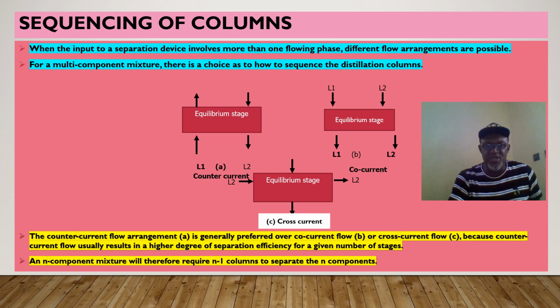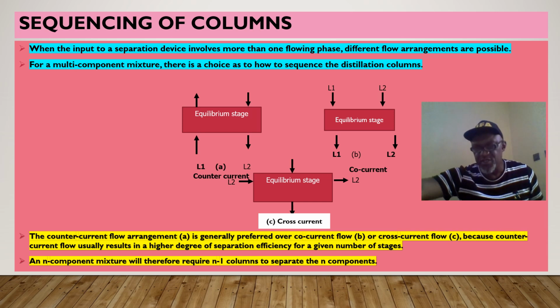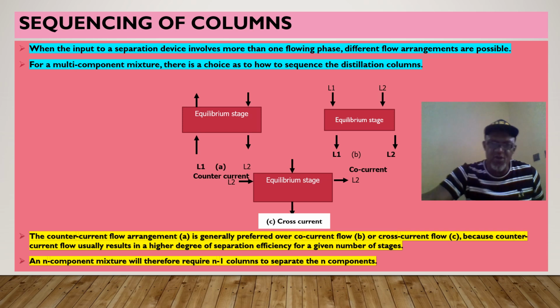Counter current, stream 1 is going in the opposite direction to stream 2. Co-current, both stream 1 and stream 2, that is B, are going in the same direction. And then cross current, we can see that stream 1 is crossing from up, and stream 2 is crossing from the horizontal direction, in a cross direction.